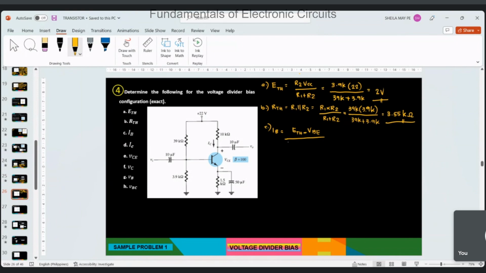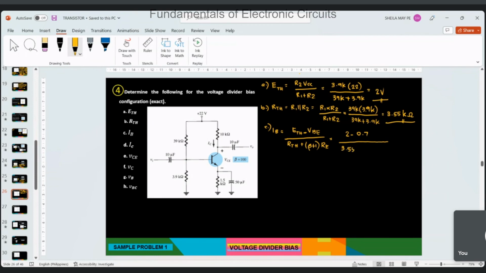Divided by RTH plus beta plus 1 times RE. Okay. So ETH would be 2 minus 0.7.